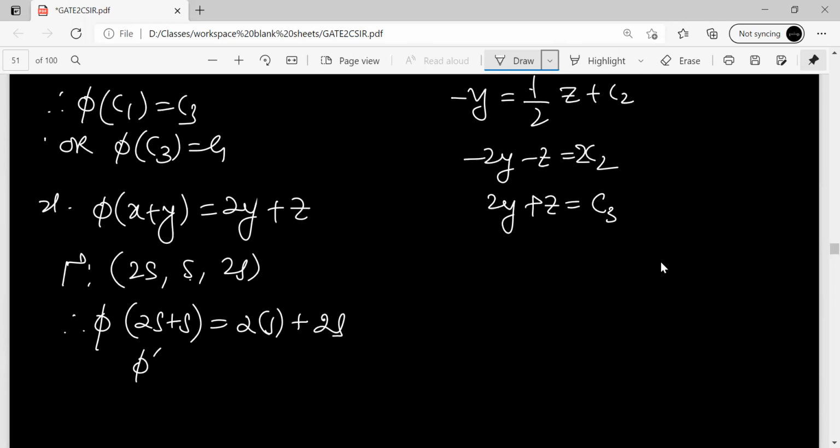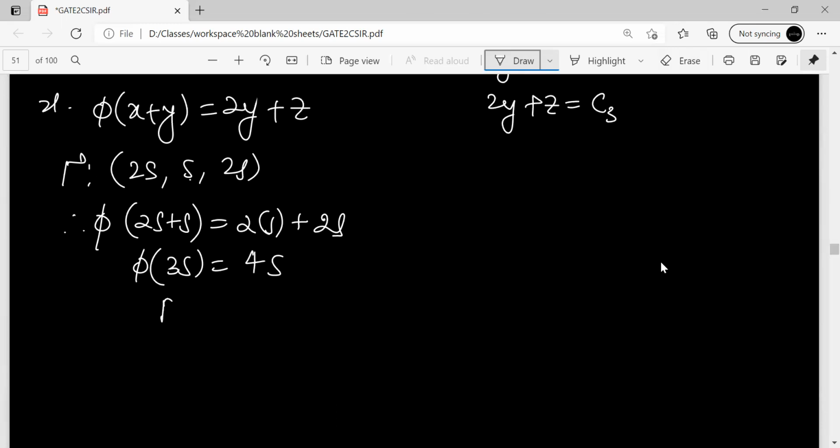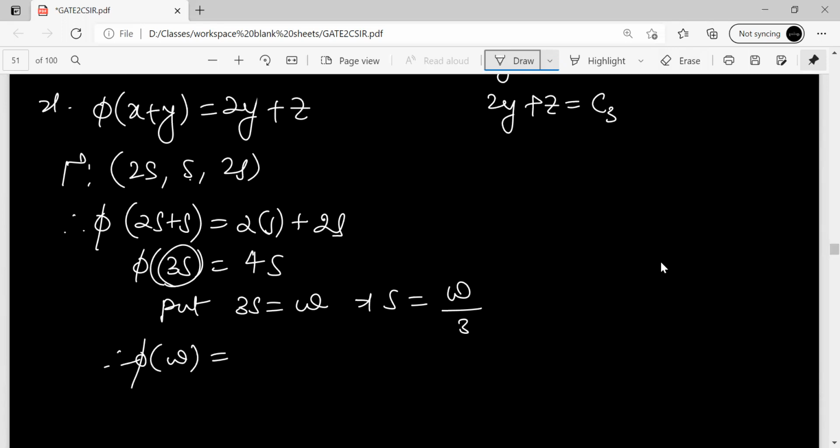So you get phi of 3s equal to 4s, and now put 3s equal to some w and see what you get. S equal to w by 3. So therefore phi of w will be equal to 4 times s, and s is w by 3.